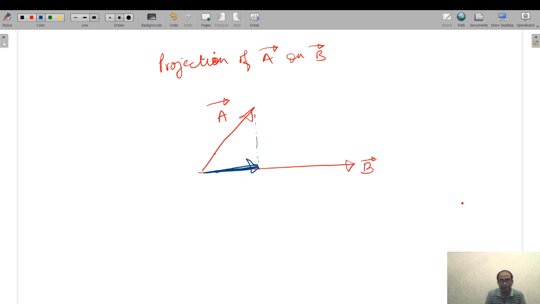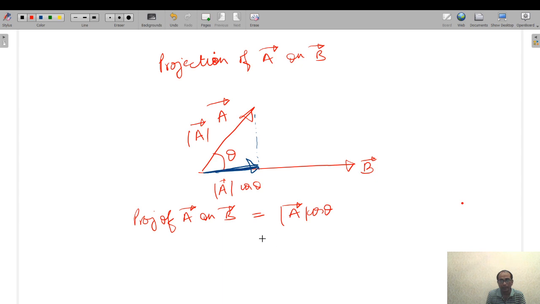तो if this angle is say theta, and the magnitude of this a is say a, तो ये लेंथ क्या हो जाएगी, this is a cos theta, right? So projection of a on b is given as what? A cos theta, and this is equal to what?